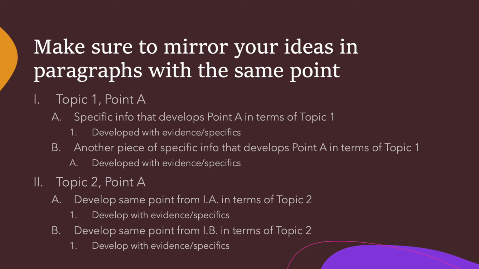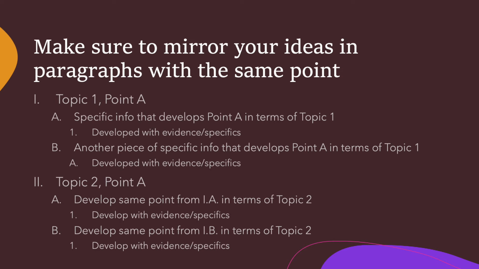So topic 1, point A is talking about some specific information that develops point A in terms of topic 1, right? So you're saying, okay, this is the thing that I want to talk about in topic 1. How does topic 1 show this? Okay, and then you use evidence and specifics, and then another piece of evidence that does the same thing, right? How does point A look in topic 1?